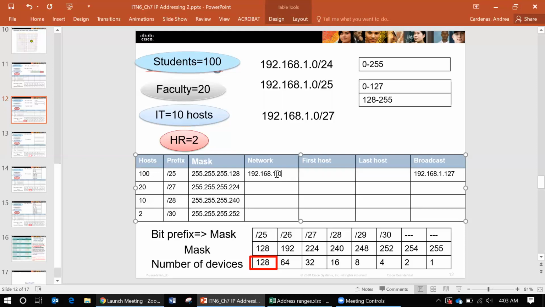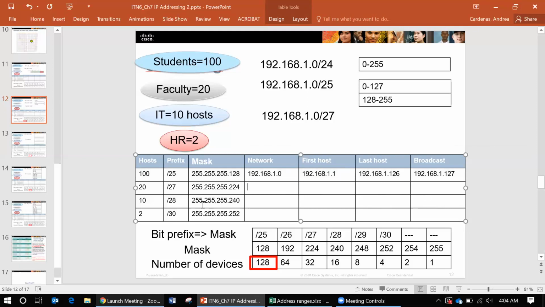Well, what is the first address right after the network? It's just the next number. So it's 192.168.1.1. And what is the last host? It's the one right before the broadcast, which is 192.168.1.126. And there you have it. You have the very first network completely filled out.